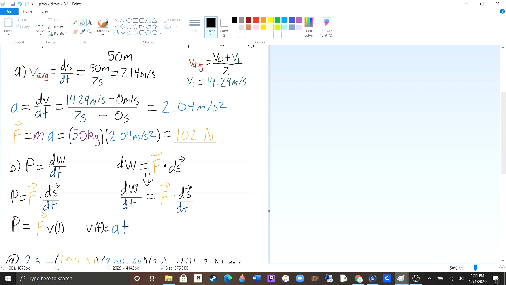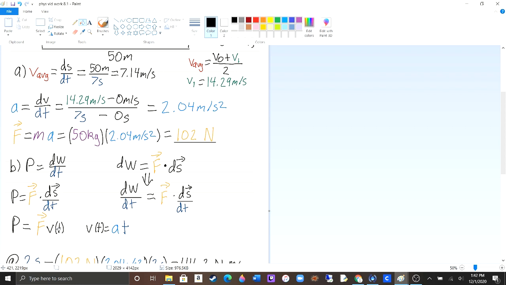And we can divide both sides by dt to get that dW over dt equals our force times ds over dt. So we have our ds over dt up here, and actually that is going to change because we're using a different amount of time. But we can plug this in, so we get that power equals force times our rate of change, which is velocity.